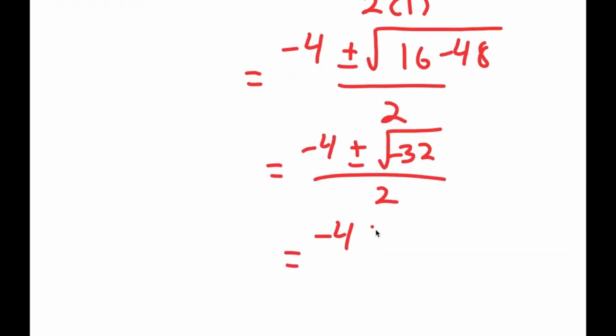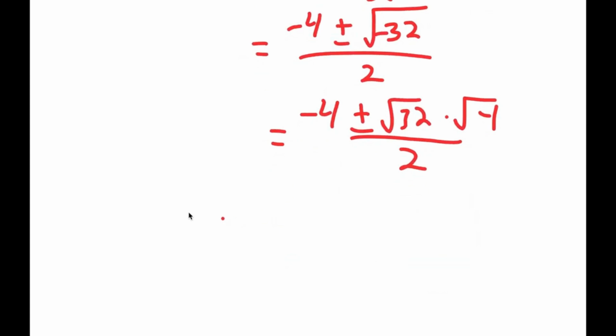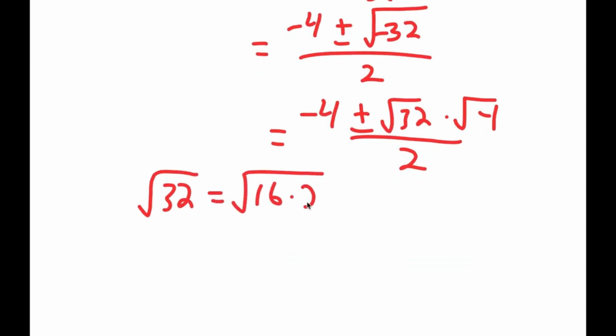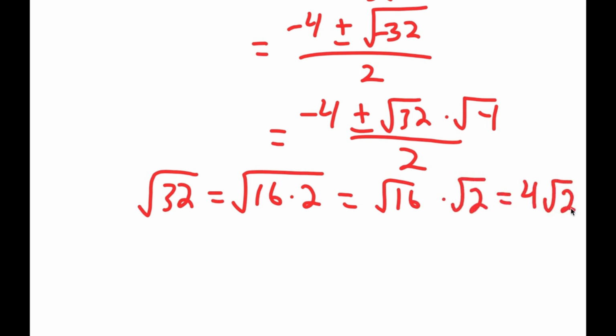And this is equal to negative 4 plus or minus the square root of 32 times the square root of negative 1 over 2. And the square root of 32 is the same thing as the square root of 16 times 2, which is the same thing as the square root of 16 times the square root of 2, which is the same thing as 4 root 2.